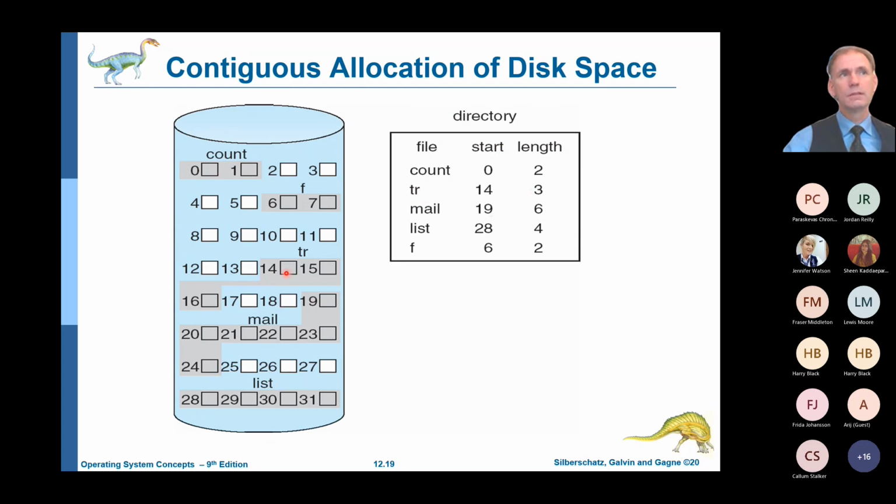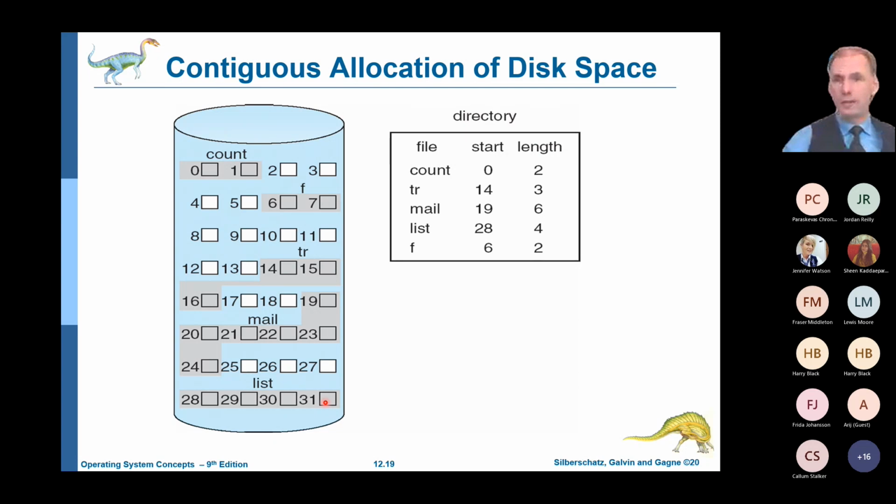Oh, look, there's TR and it takes 1, 2, 3 blocks. Mail starts at 19 and is 6. 1, 2, 3, 4, 5, 6. Good, it's all working as we expect. Lists is the same, F is the same. Okay, so it's contiguous, it starts at a particular place and goes on for a certain number of blocks.